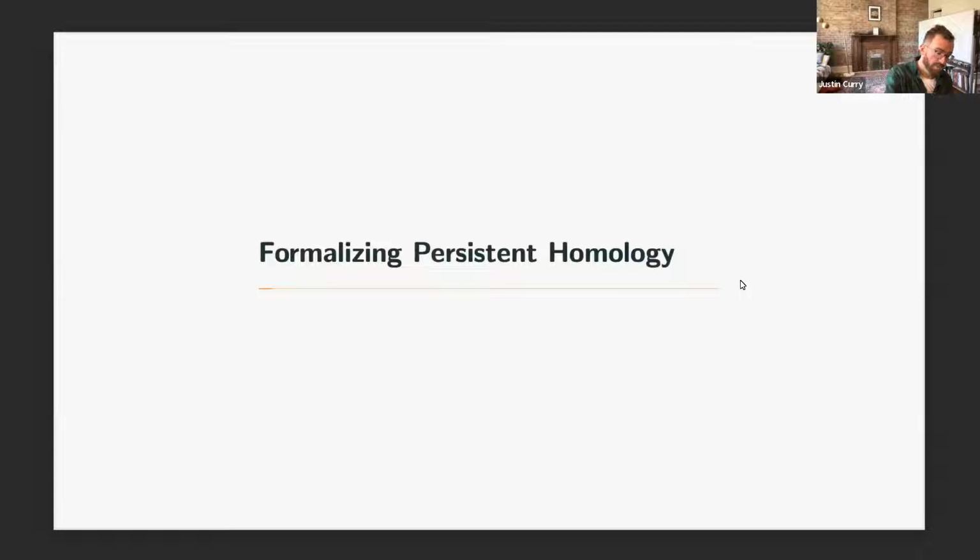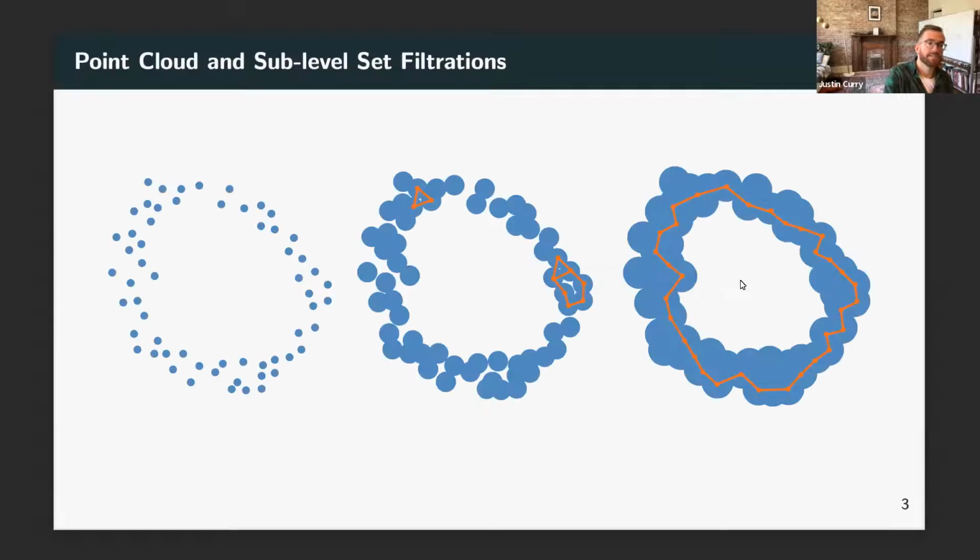So of course, I'd be remiss if I didn't show the typical picture of persistence, which is, we start with a data set. We can think of this as a point cloud, but persistence takes the perspective that this isn't standing in isolation, but rather is part of a 1-parameter family of spaces, where you can see topological features come and go.